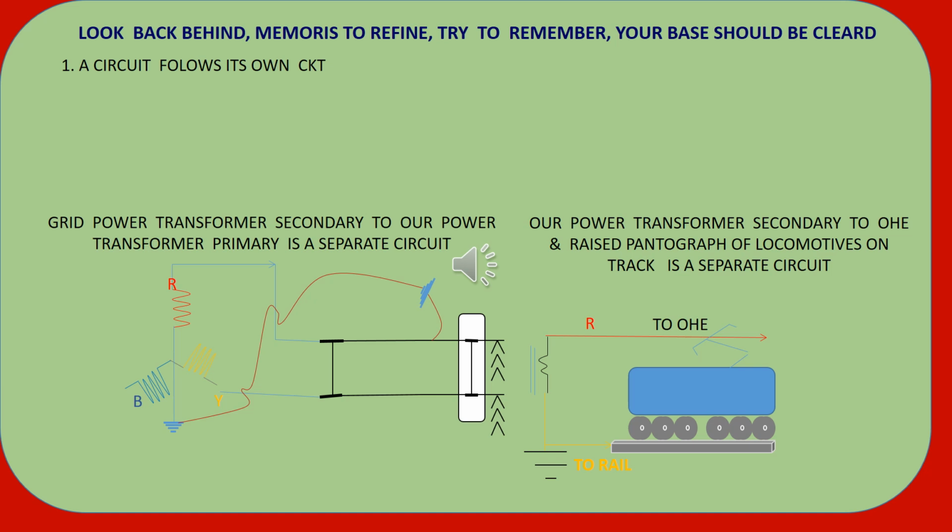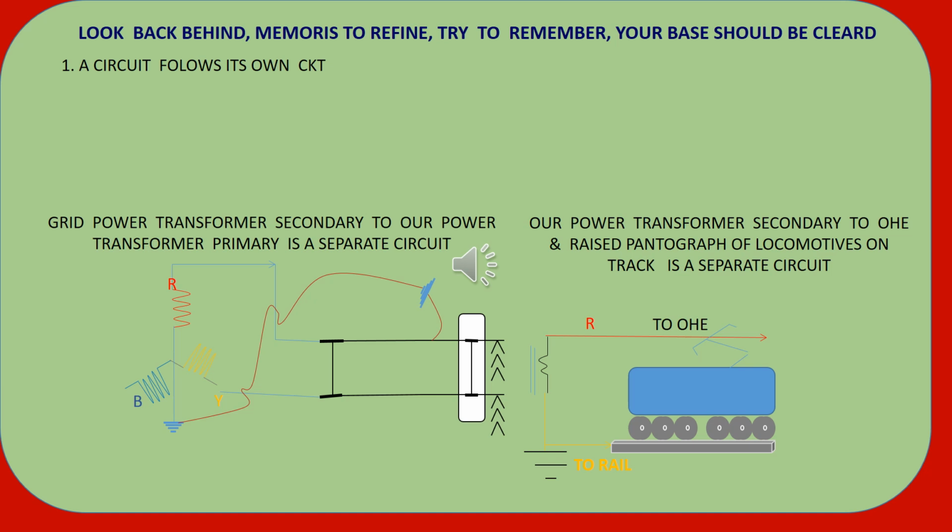For the primary, if any fault from transmission to our power transformer, distribution, which you can call power distribution, any failure will affect that side only, primary to the grid, two phase.